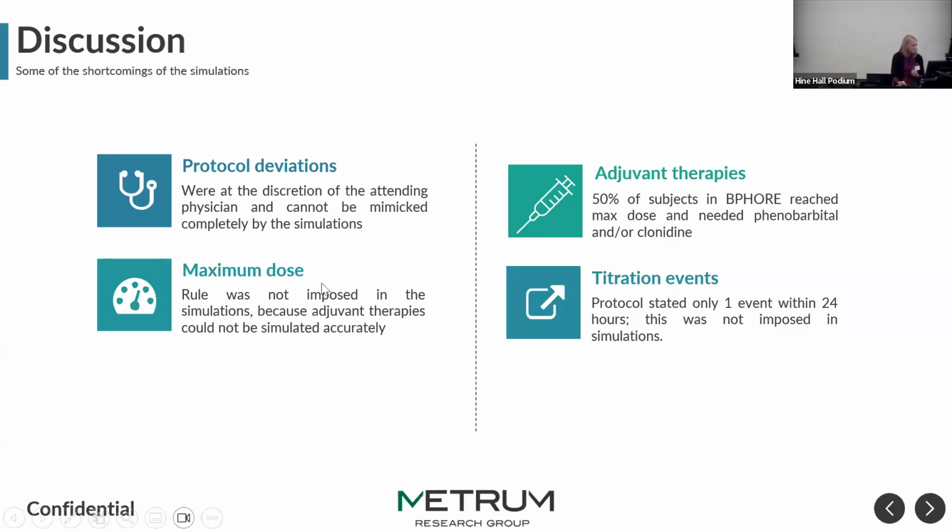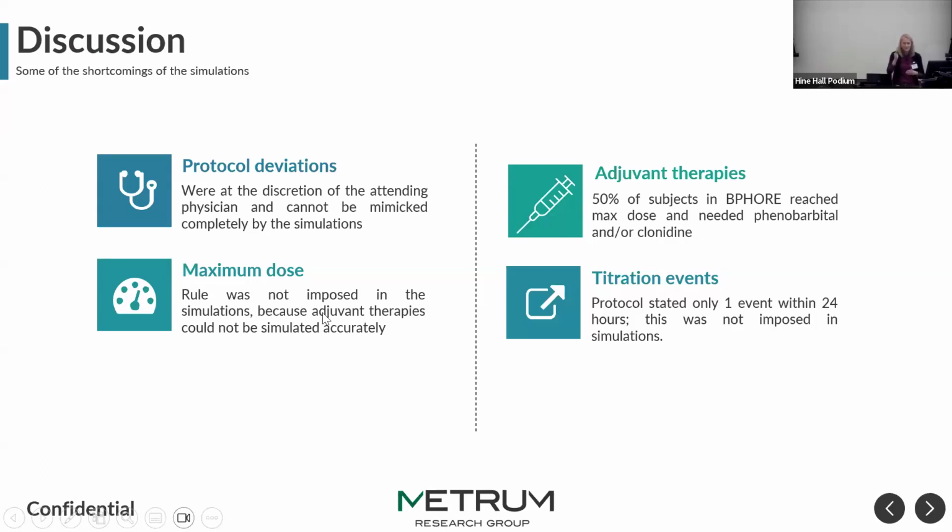Probably the biggest reason for the differences was that we didn't impose this maximum dose rule in our simulations. At the time an infant achieved that maximum dose and couldn't stabilize, they received adjuvant therapies. We don't have PD models of those, so we couldn't accurately simulate that scenario. So we just ignored it in these simulations.